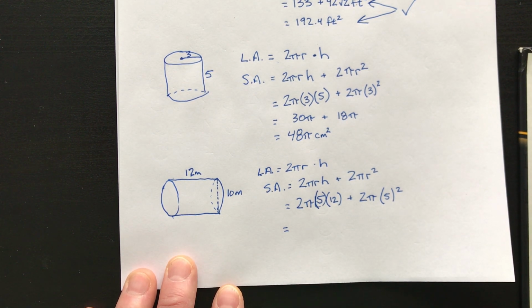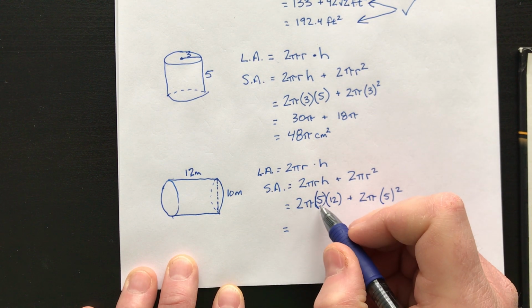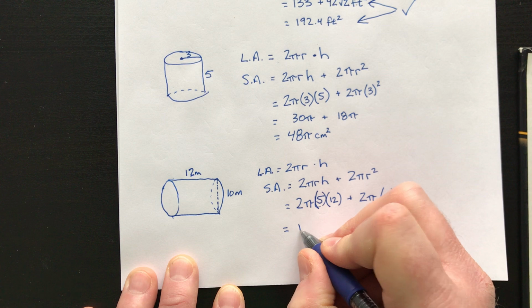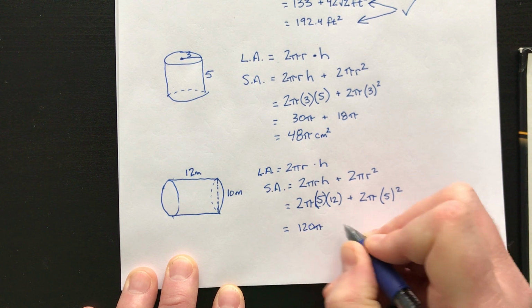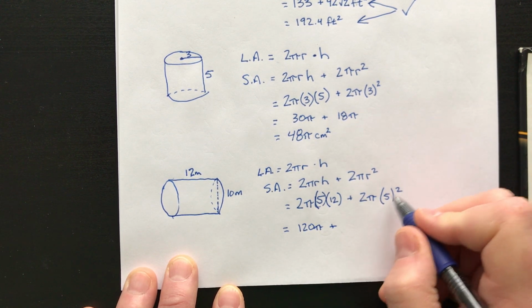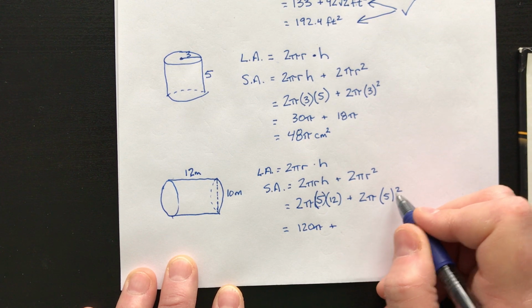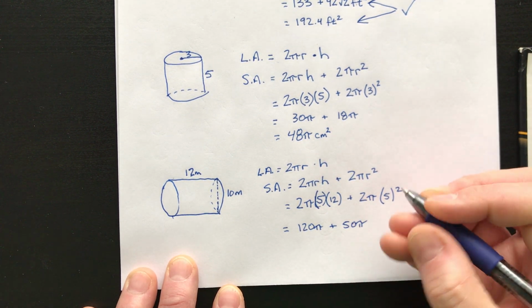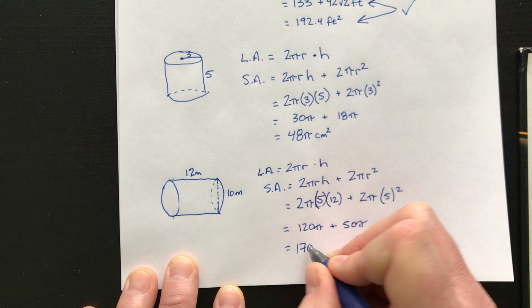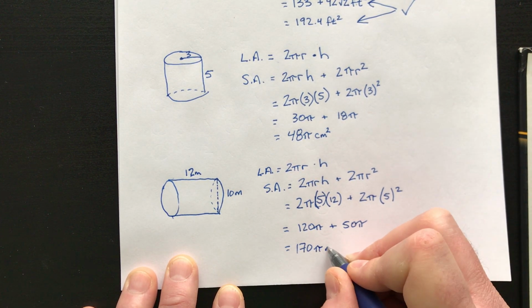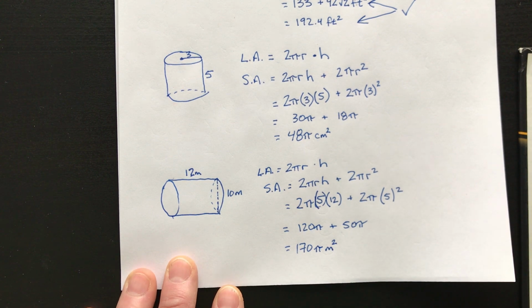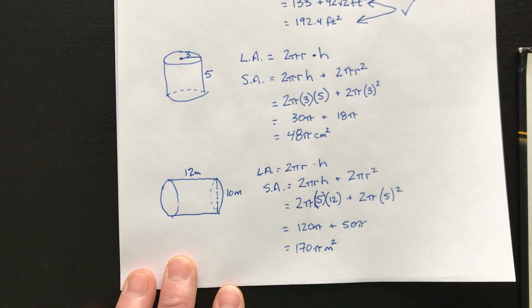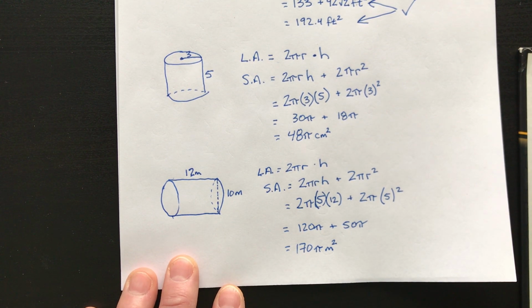So we are now ready to just plug and chug. So 2 times 5 is 10. 10 times 12, 120 pi. Plus 25, 5 squared is 25, times 2 is 50 pi. Our answer, 170 pi meters squared. All right? So that's how you do these problems.